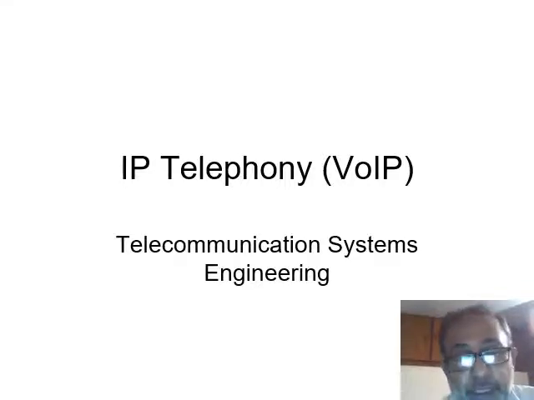As you know, the IP network is available all over the world. Even if we do not have a telephone exchange at a certain point, the availability of an IP network is more probable.